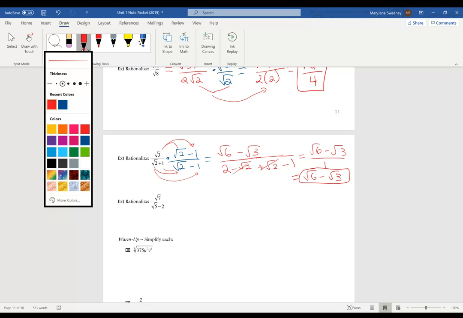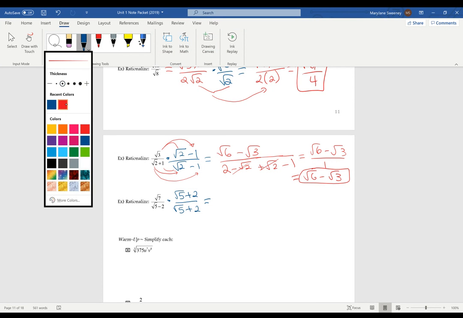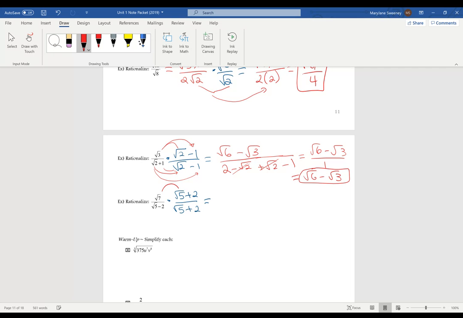Last one, we are going to multiply by the conjugate again. So this would be radical 5 plus 2, radical 5 plus 2. And so first, radical 35.